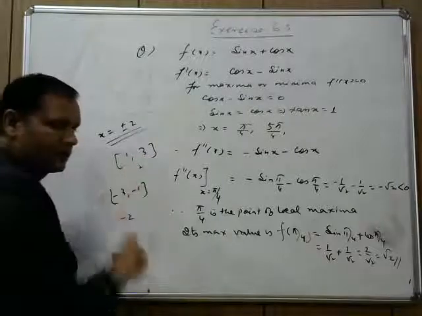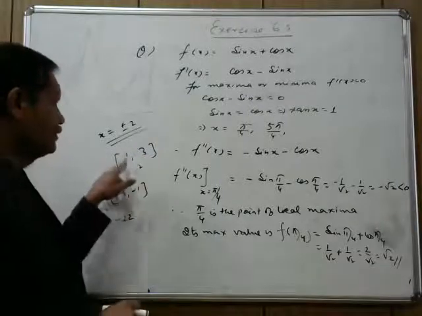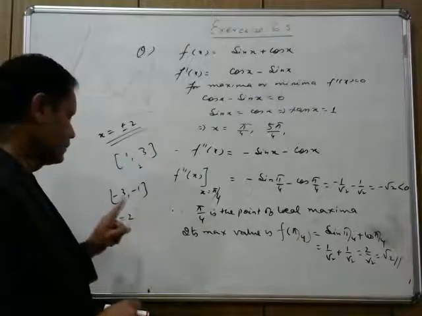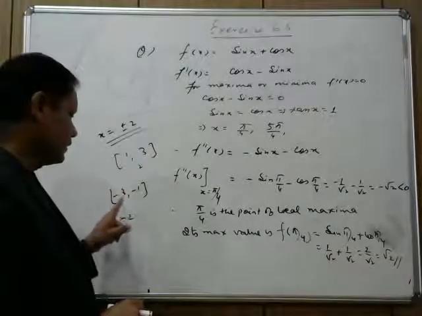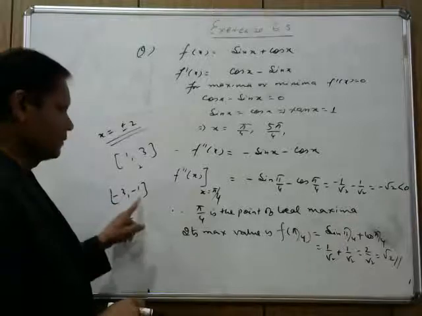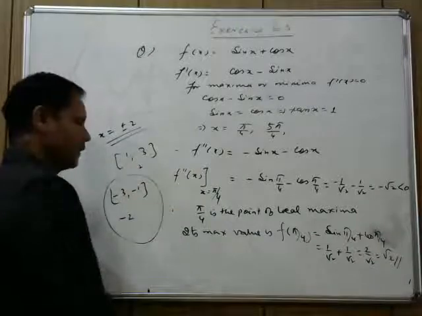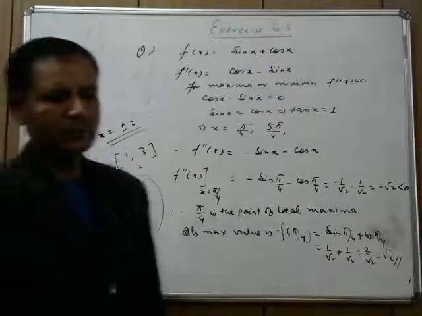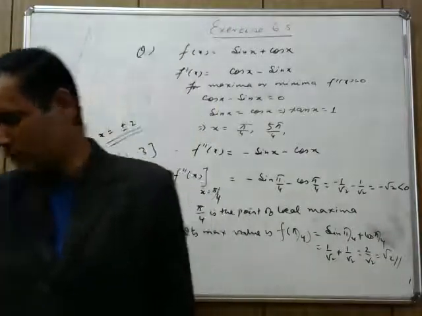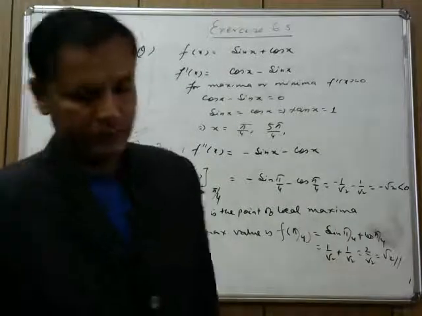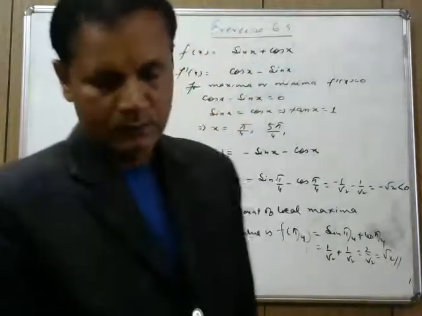That means I will find the value of f of 2, f of 1, f of 3 for this interval, and for the other interval I will find f of minus 3, f of minus 2 and f of minus 1. At all these values, you will find where it attains the maximum value. That's the way to do question number 10.